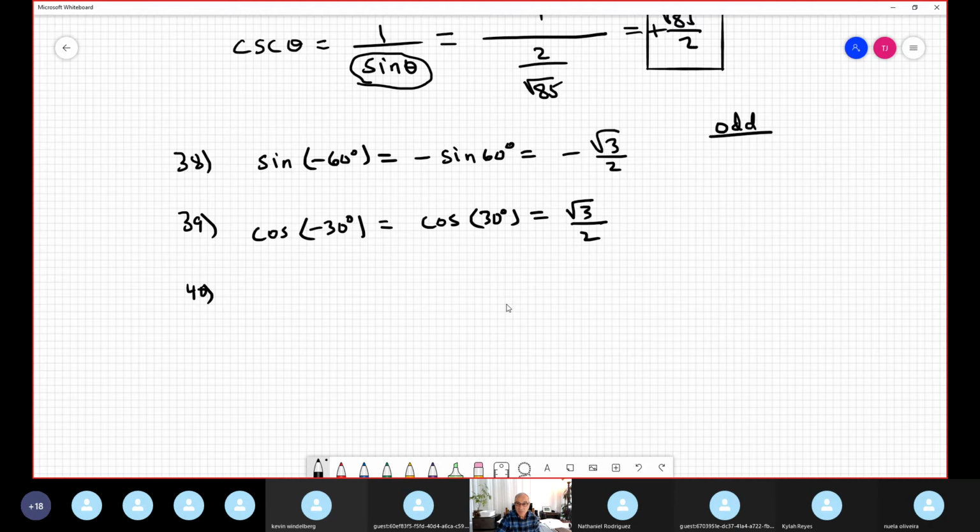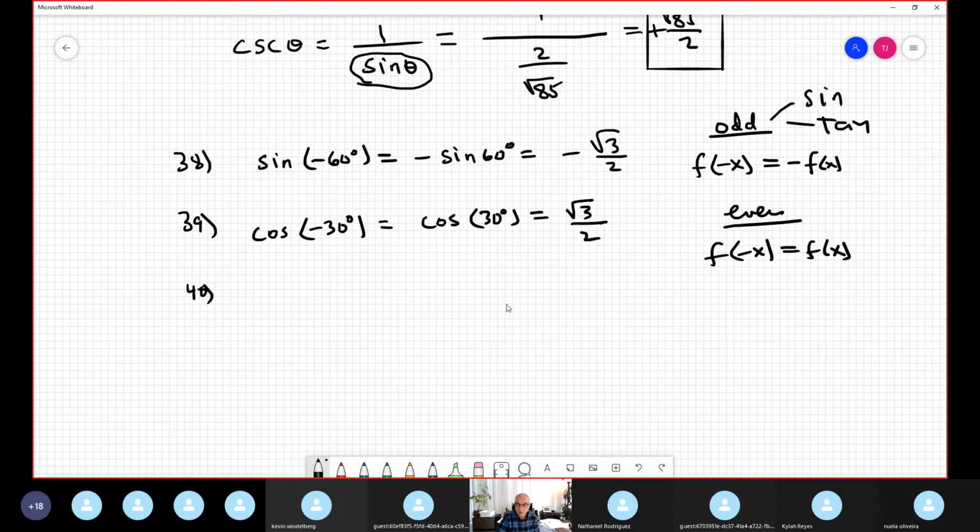Odd is when in the function you replace x with negative x and get a negative in front. And even is when you replace x with negative x and nothing happens. Odd are sine and tangent. And even is cosine and its family, no? Cosecant, cotangent, and secant.